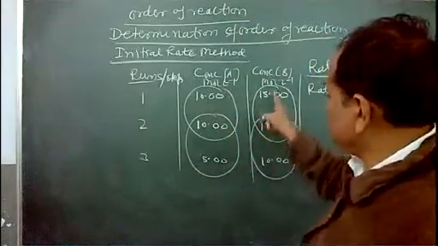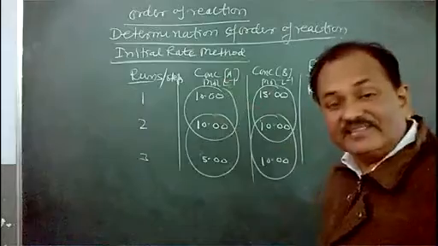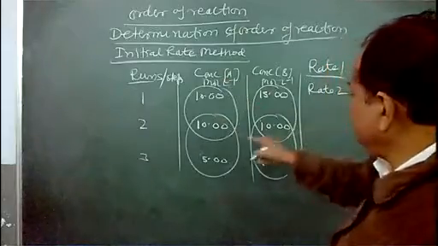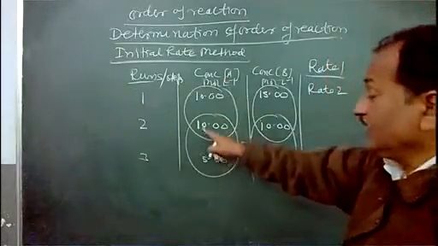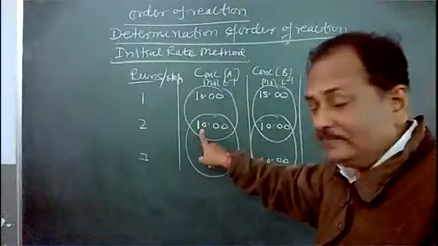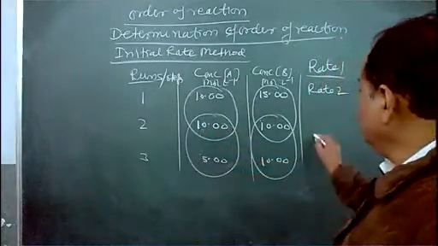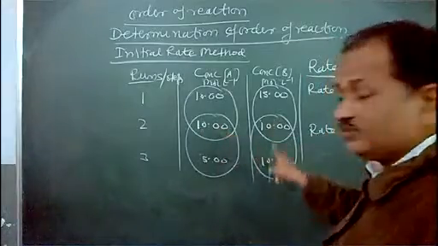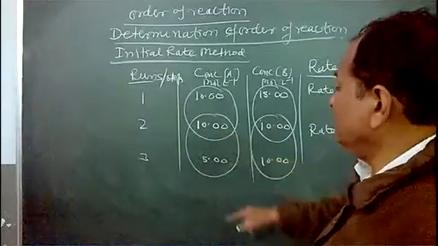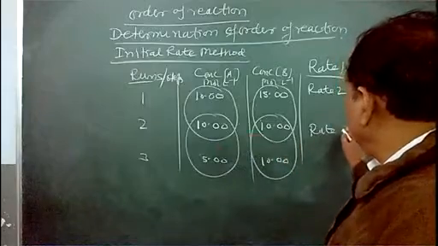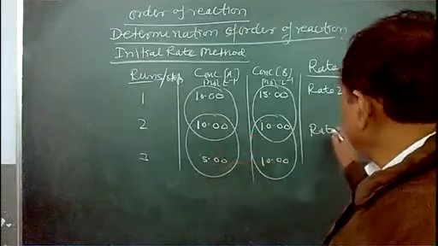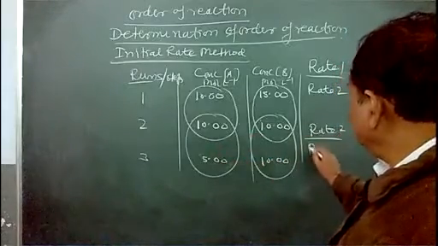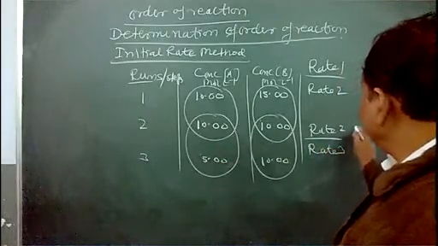Because here A remains the same, 15 by 10. Similarly here, in 2, it is 10, and here it is 5. So we divide on the other hand rate 2 by rate 3, because it is constant.